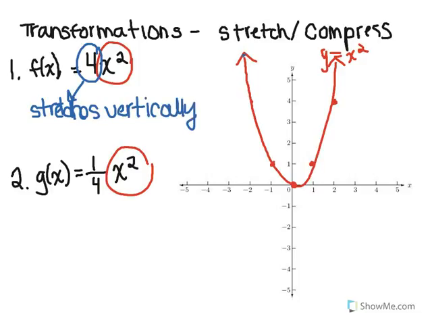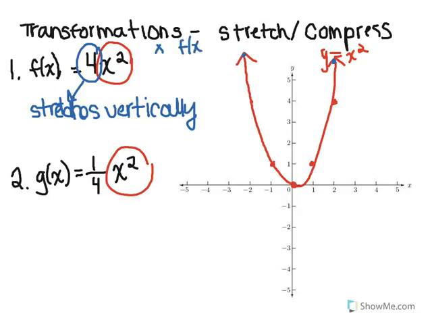You could think of it as if you took the ends of your original graph and pulled them in the upward direction, it's going to give it a more narrow appearance.